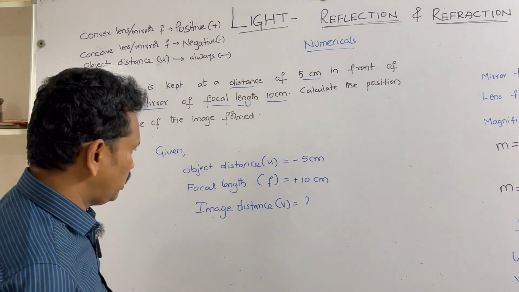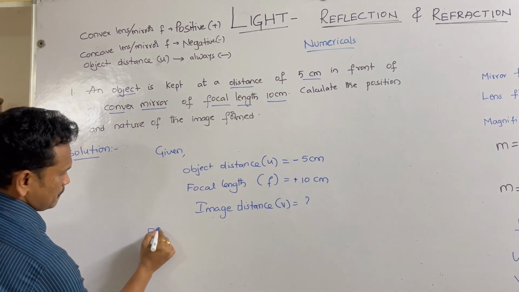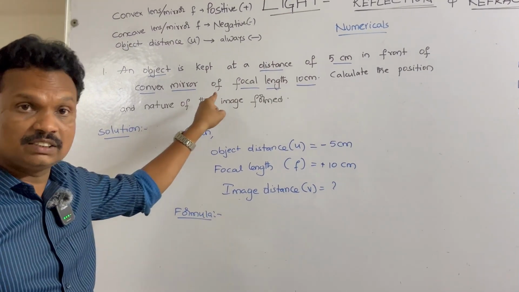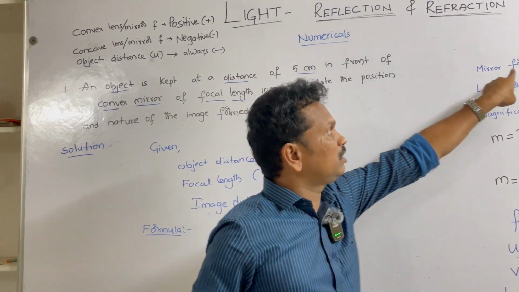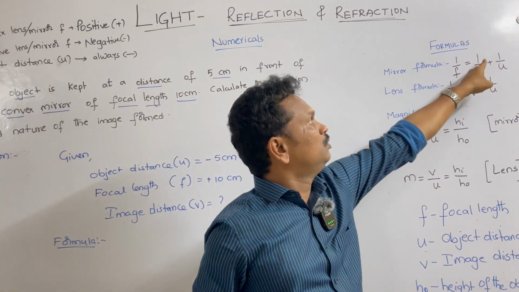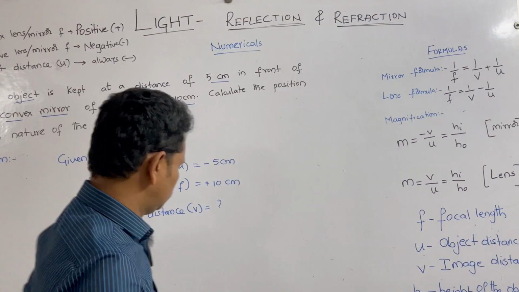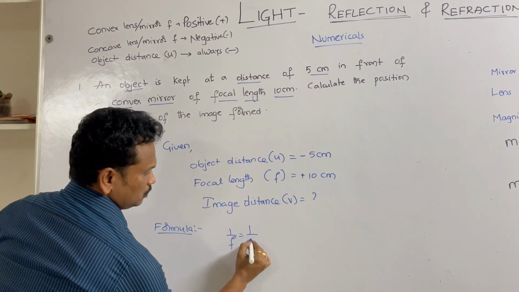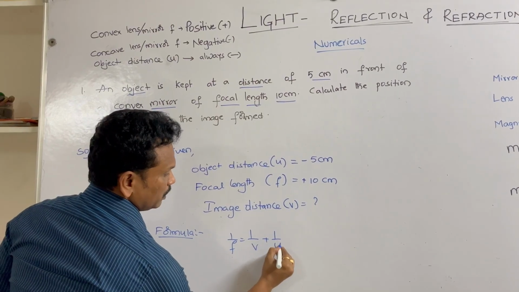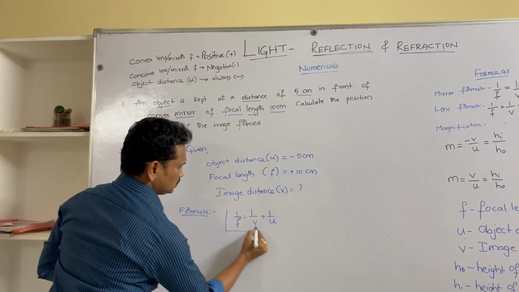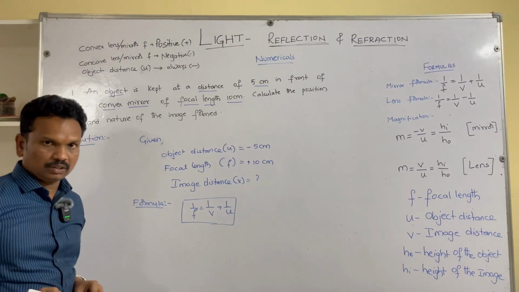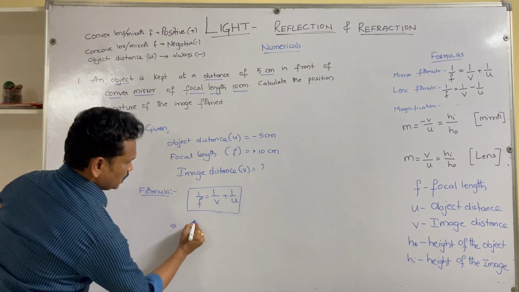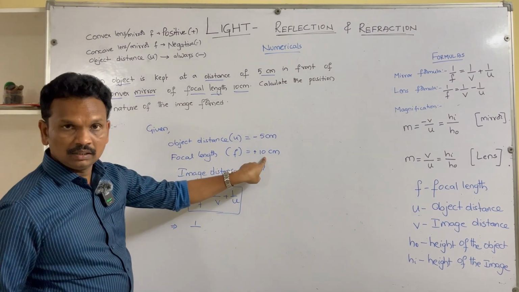The formula: which formula? It is a convex mirror, so the mirror formula: 1 by f is equal to 1 by v plus 1 by u. Keep it in a box. Now substitute. 1 by f, how much? 10.